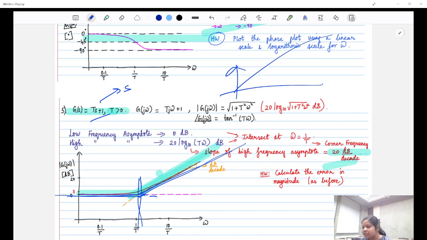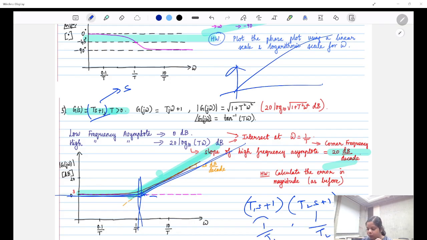If you get another zero coming in, for example, if it is T1s plus 1 and T2s plus 1, then you have two corner frequencies, right? What are they? One of them is 1 upon T1 and the other is 1 upon T2.